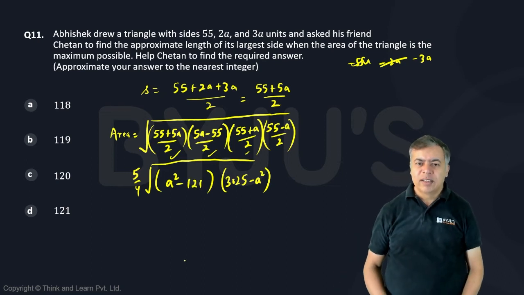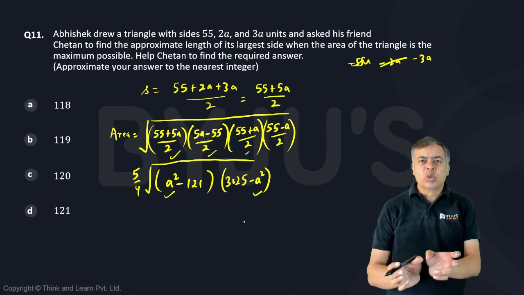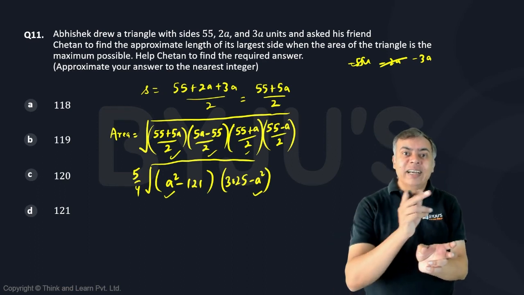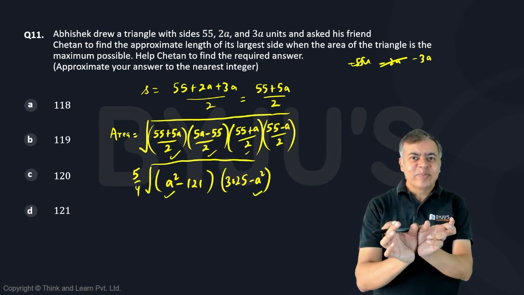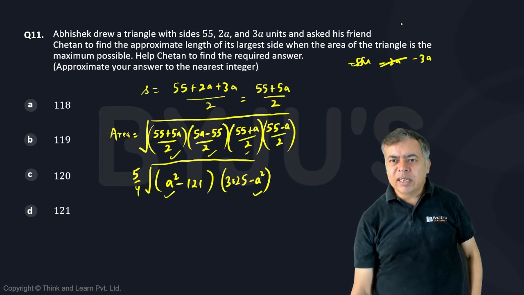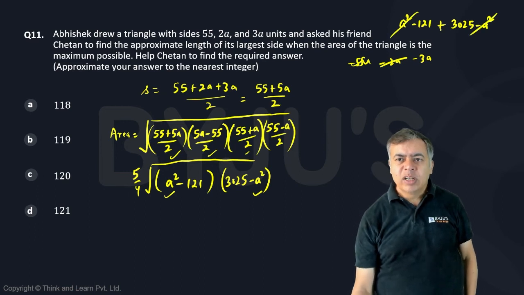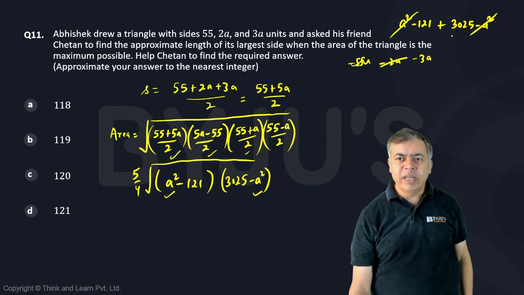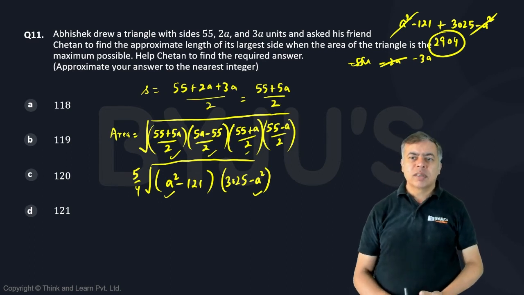Why have I done that? So that here it is positive a square, and here it is negative a square. Inside the root there are two terms, m and n, and m plus n is constant. The first term is a square minus 121, the second term is 3025 minus a square. If you add these two terms, a square cancels out and the sum is constant, 2904.